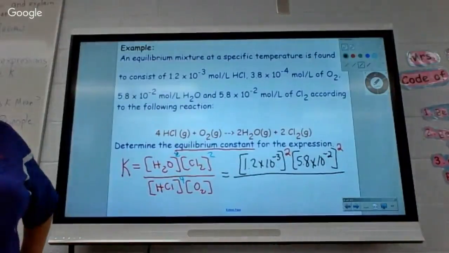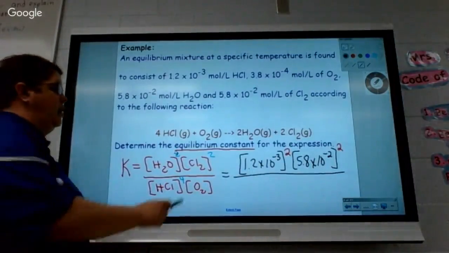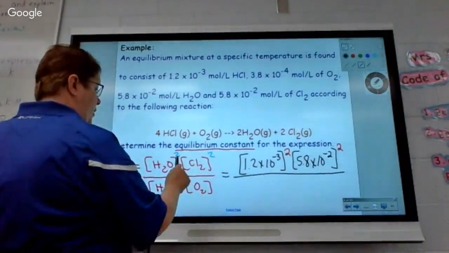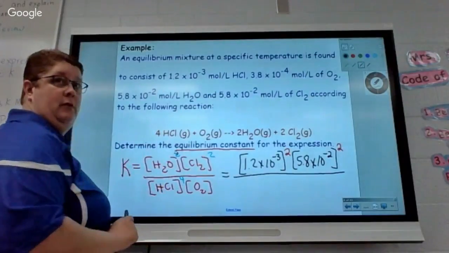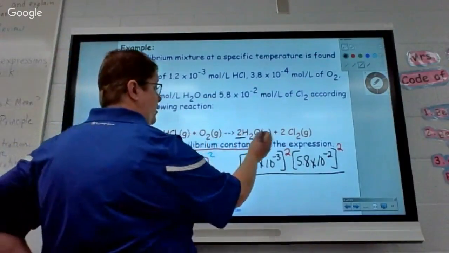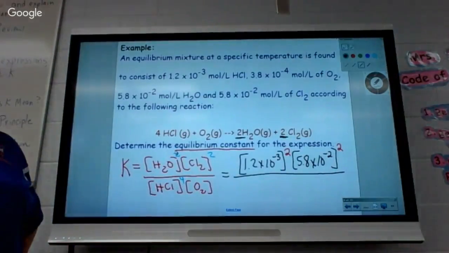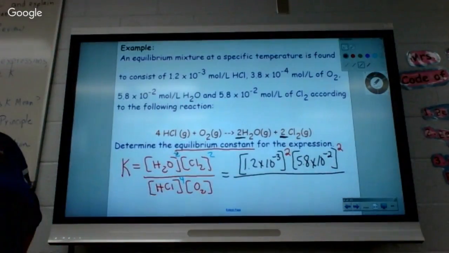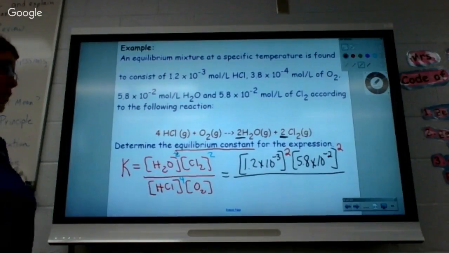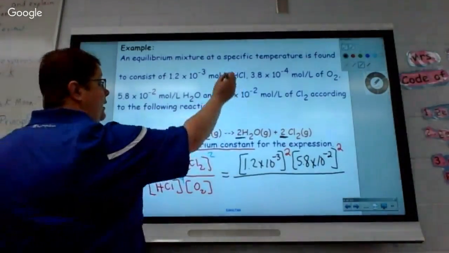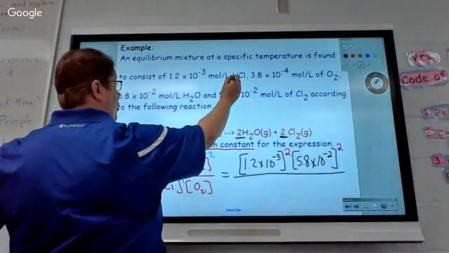Why did you square? Because, see how these have squares on them right there? Because they have 2's on them. When we wrote K, coefficients become what? Exponents. So when we plug in, HCl is this number, or no, water.